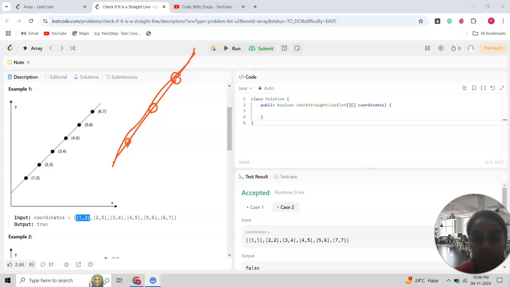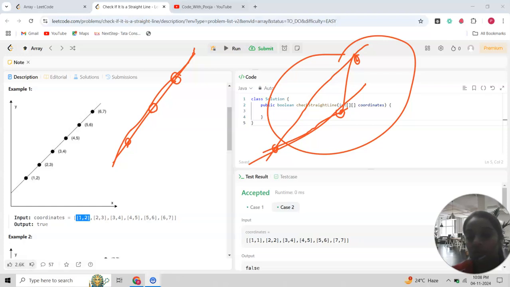Let's consider one point is here, another one is here, and another one is here. Either the points lie on a straight line, or a line connecting all three points is not straight. There is no line which connects all three points.